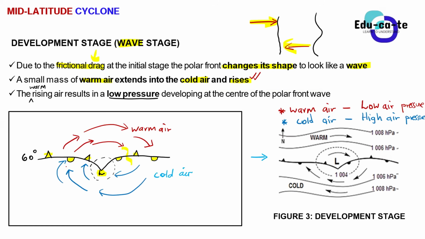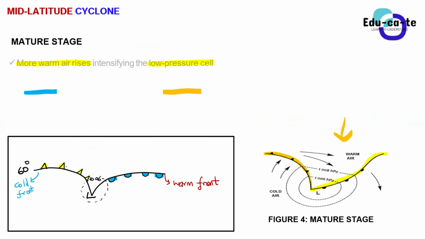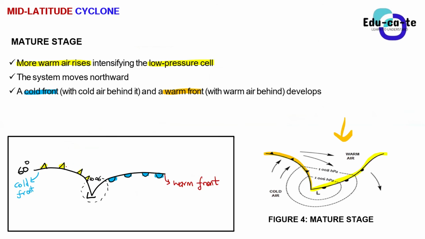You won't say there's a mixture of triangles and circles, guys. These are just models to describe this thing. But what you know in your mind is that during the development stage, it looks like a wave. That's one evidence that this is a development stage. And when it comes to mature stage, you know that there's a well-developed cold front and a well-developed warm front. Are we together?